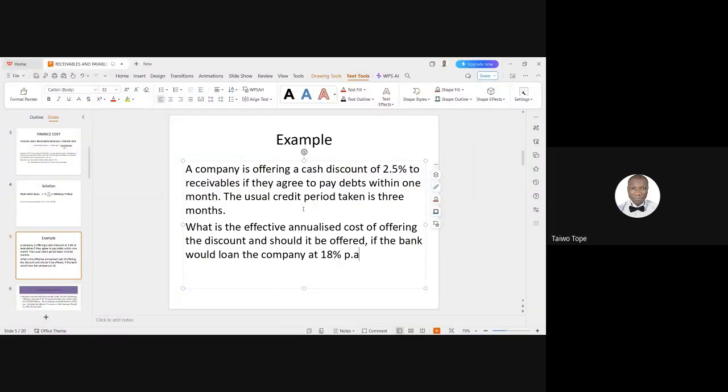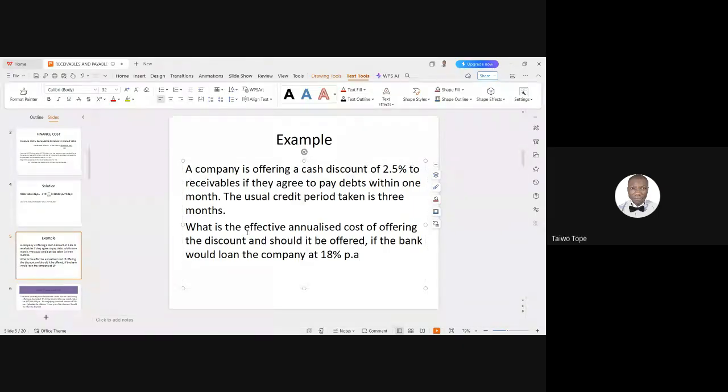So if I should pay within 1 month, how many months am I saving? 2 months. So if your debtors agree to pay you within 1 month, it means there is a savings of 2 months.